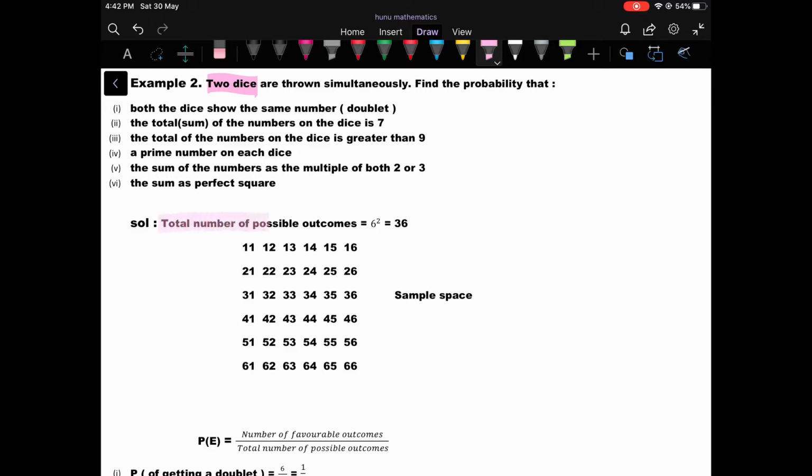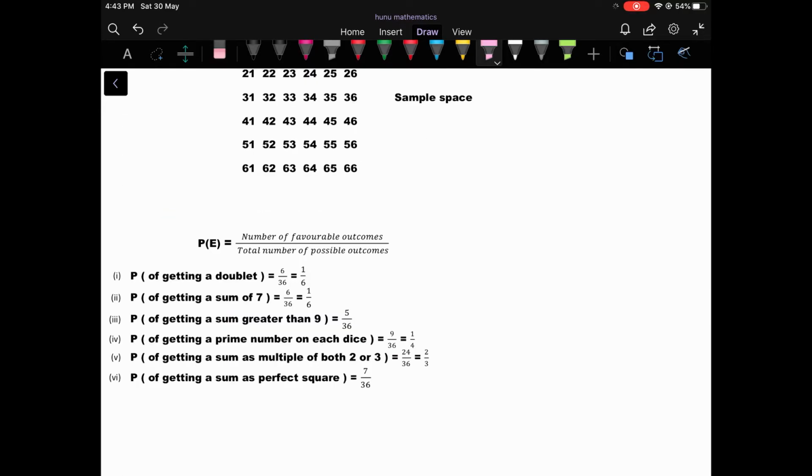Find the probability of the following events as given below. Here the total number of possible outcomes equals 36, and the sample space is given below. So the probability of an event is given by number of favorable outcomes by the total number of possible outcomes.